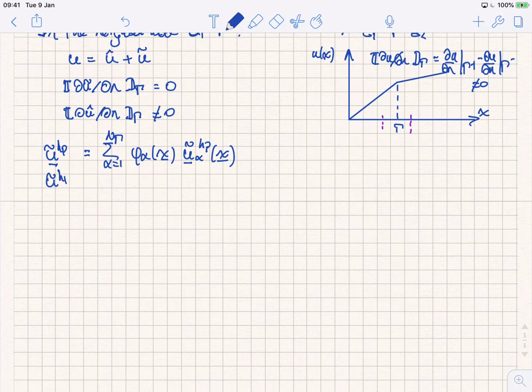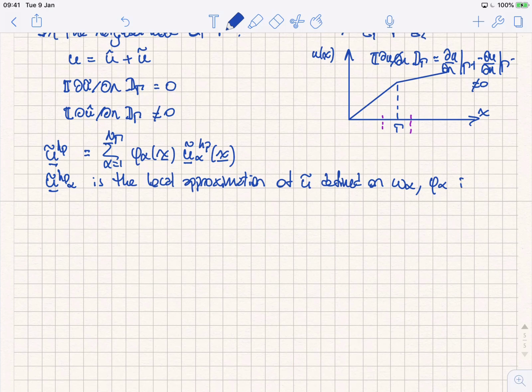So this H^P_alpha defined on W_alpha. Remember that W was the symbol that we decided to use for the clouds or supports.